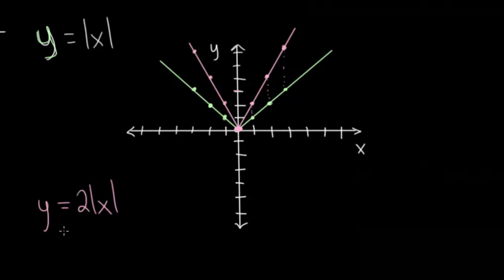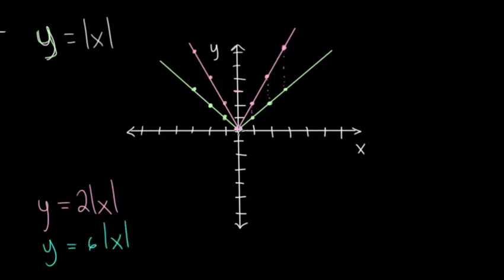And likewise, if we were to multiply by, let's say, 4 or 10 or any number bigger than 1, it's going to multiply all of the y values by that much, and essentially the graph will get skinnier, like this one. So, for instance, let's say we had y is 6 times the absolute value of x.